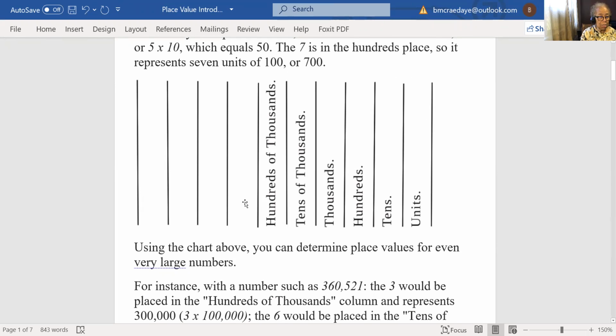And if we continue, we would have million, tens of million, hundreds of million. So we can use this chart to determine place values for even large numbers, like in the hundreds of thousands.